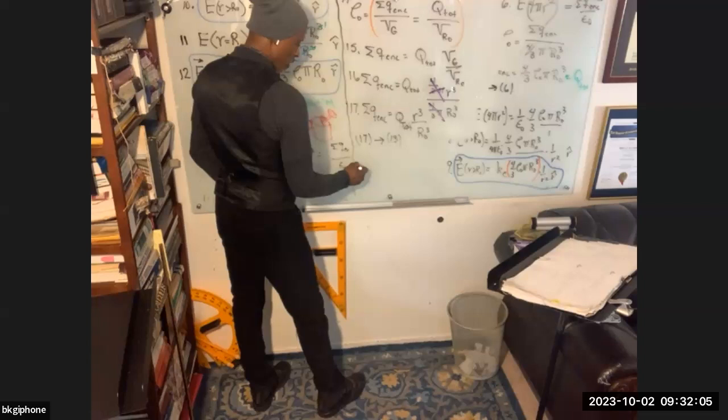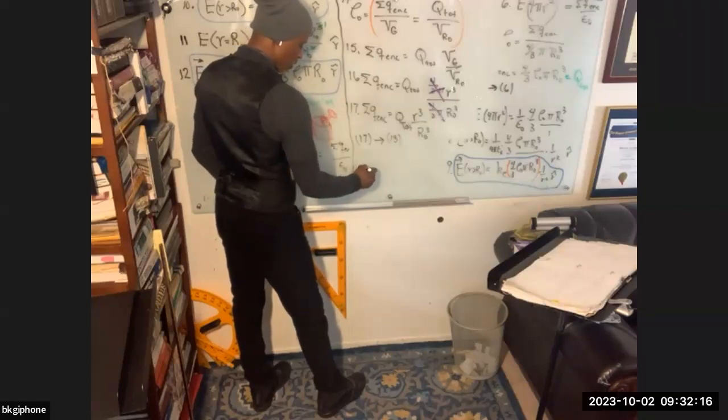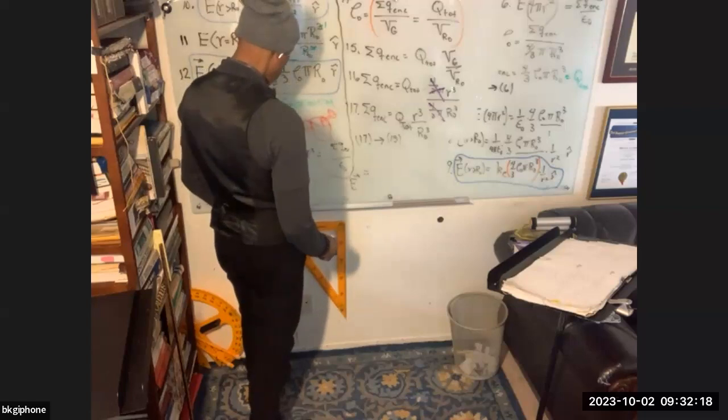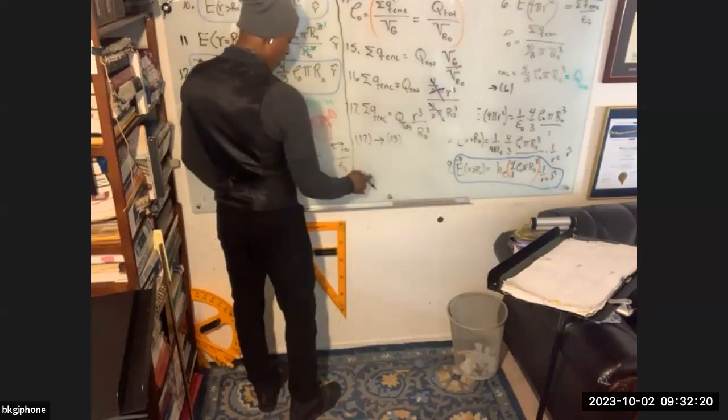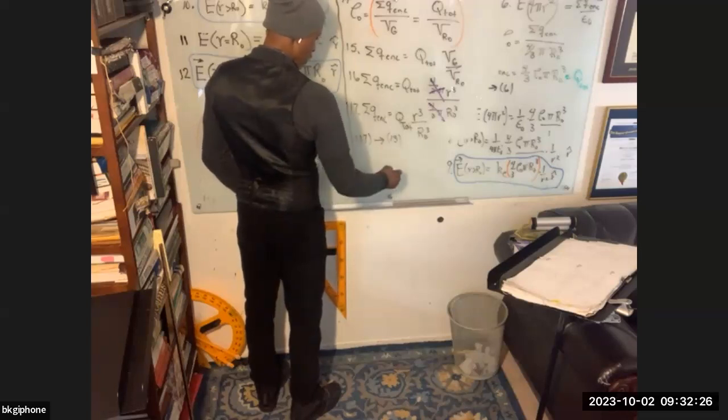So I get that E equals, well, I had E times 4 pi r squared is equal to basically this thing divided by epsilon naught.